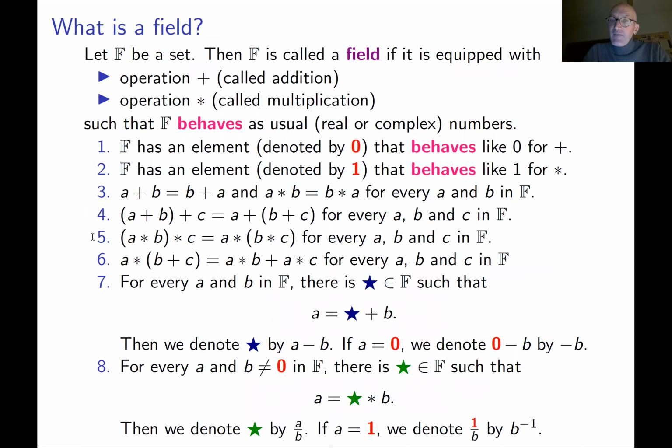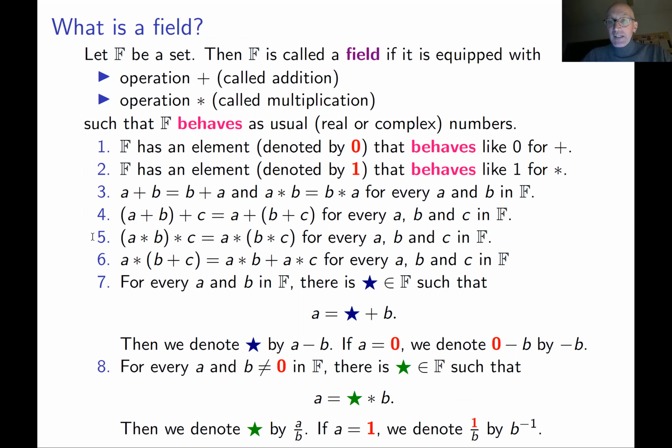Similarly, for every two elements A and B, if B is not 0, there should exist an element that behaves like A over B. To be precise, it should be an element which I denoted on the slide by green star, such that green star times B is A. So this can be denoted by A over B. Again, A over B is some element in F such that if you multiply it by B, you get A.